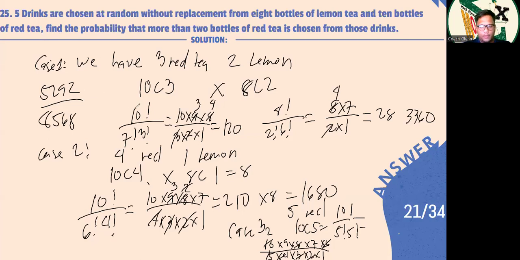So simplify that one. 5292 over 8568. So that's simplified as 21 over 30. Okay, I think that's it. So let's proceed to 26.